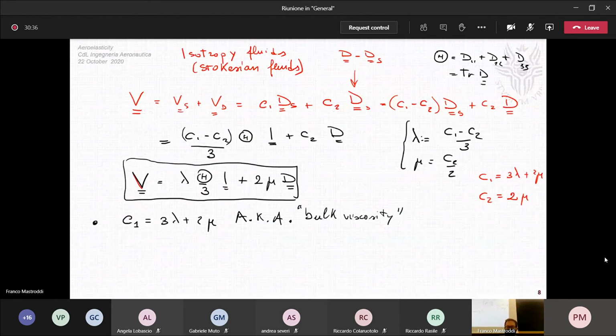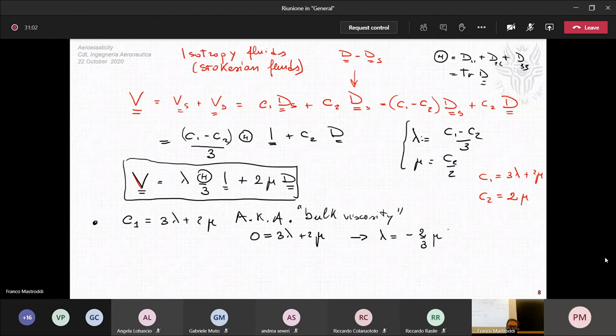So if you assume this constraint, you have that 0 is equal to 3 lambda plus 2m, and so the two constants are not independent, but you can find one of them, for example lambda, as equal to the other one by 2 by 3.